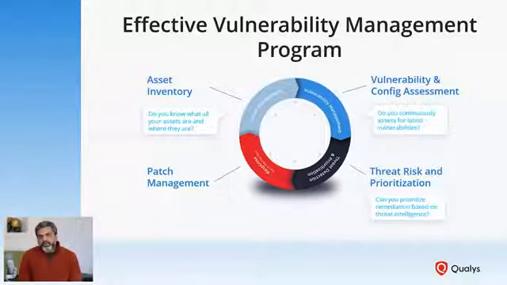Also, you need the ability to bring the threat factor of that vulnerability along with the asset context. A lot of times, just saying that a vulnerability by itself is high criticality is not enough if you don't have the context of the asset to prioritize it, right? Of course you want to fix all vulnerabilities, but how do you prioritize? So bringing in that asset context and correlating it is really important.